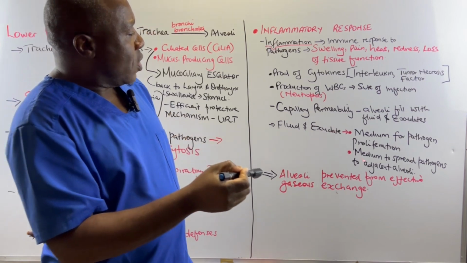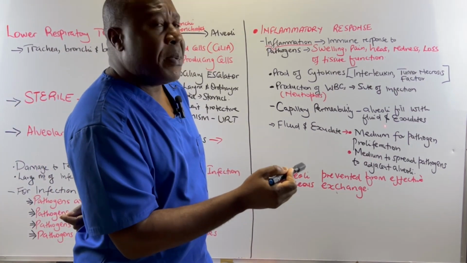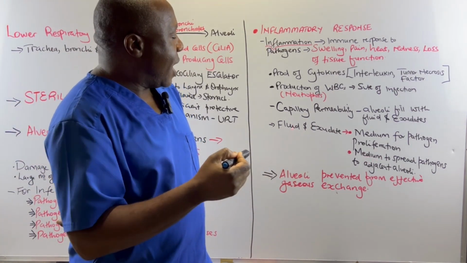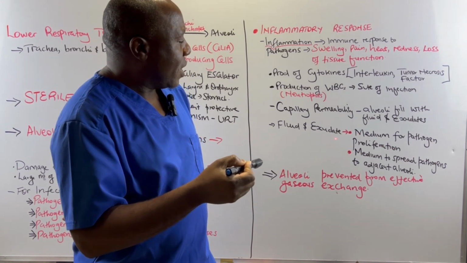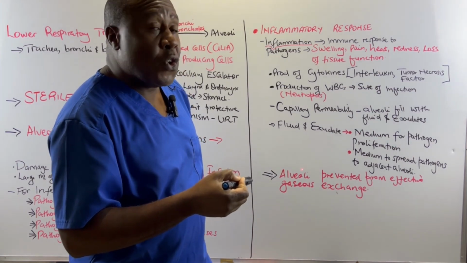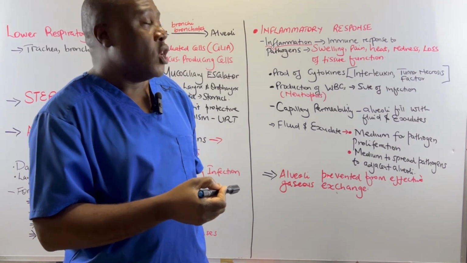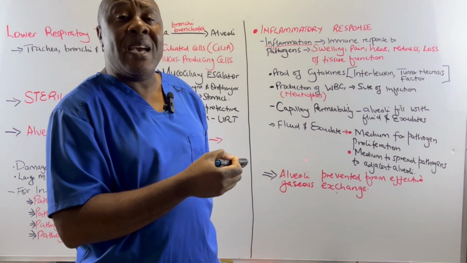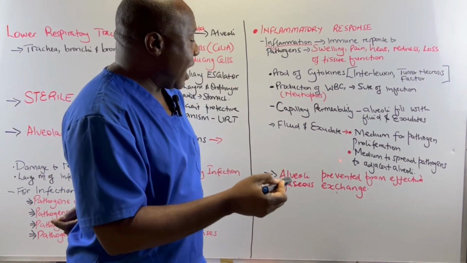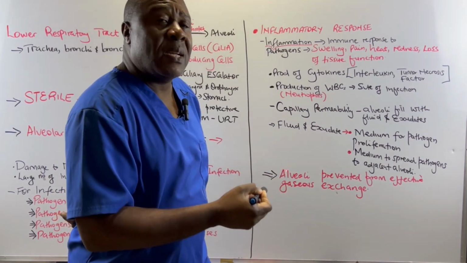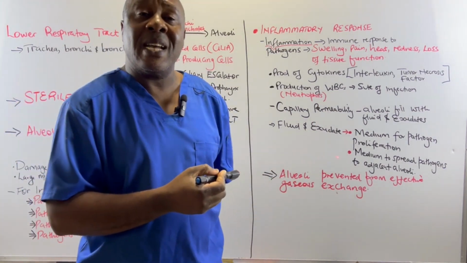Now remember, all this is happening in the alveoli, and the alveoli is the place where we have gaseous exchange. So when you have this infection in that area, it prevents the alveoli from participating in effective gaseous exchange.